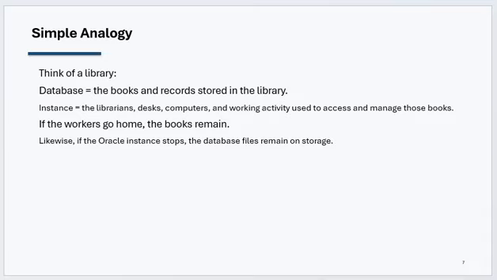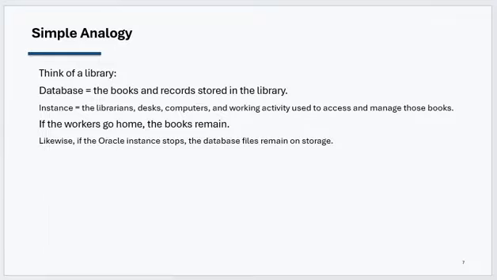Let us simply analyze this. Imagine a library. The library contains thousands of books and records. Those books represent our Oracle database. They are the actual information being stored. Now imagine the librarian, computers, desks, chairs, and workers inside the library. They help people find and manage those books.